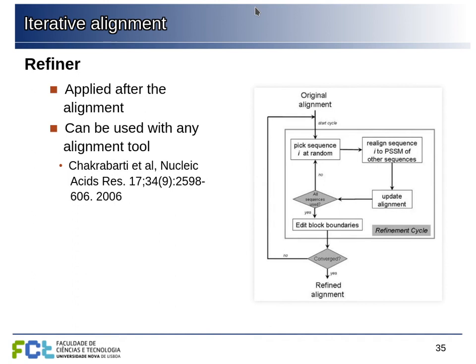Another approach is, after you have a multiple sequence alignment, you can refine it. Refiner is one example of these tools. You start with the multiple sequence alignment. Refiner picks one sequence at random and then tries to realign that sequence with all the other sequences, creating a position-specific substitution matrix from the rest of the multiple sequence alignment, and then checks if it got some improvement in the alignment.